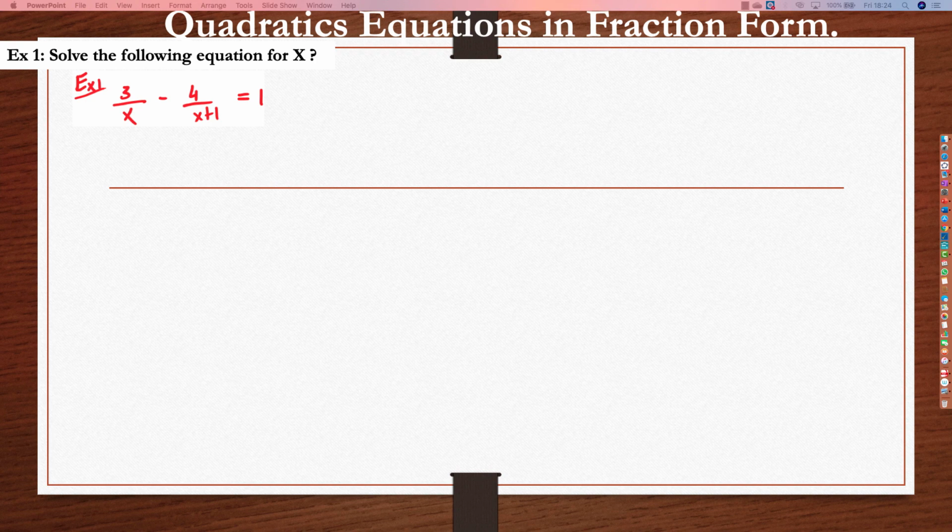For example, we had 3 over x plus 4 over x minus 2, and I actually simplify. What do we do? A common denominator of x and x minus 2.